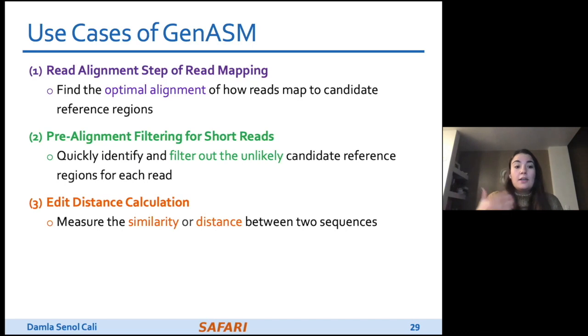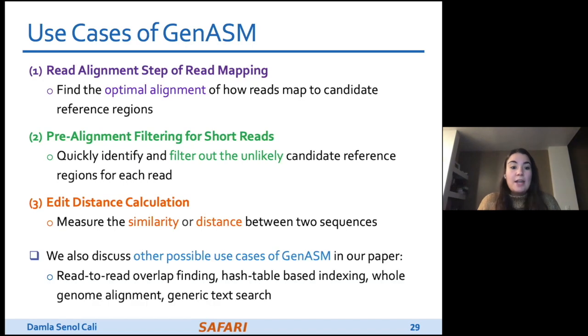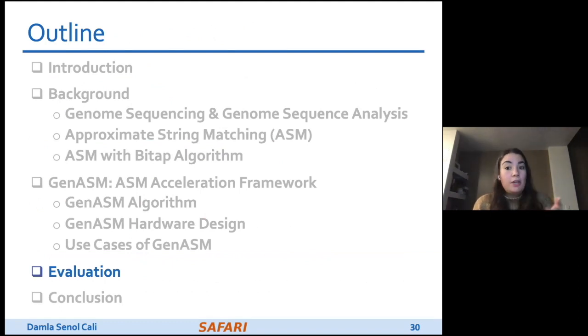As I said, Bitap is inherently calculating edit distance, so that's why it is a very natural use case for GenASM. And we believe the GenASM framework can be useful for many other use cases, and we discussed some of them briefly in our paper. So we evaluated these three, and we discussed some other use cases, including generic text search, for example.